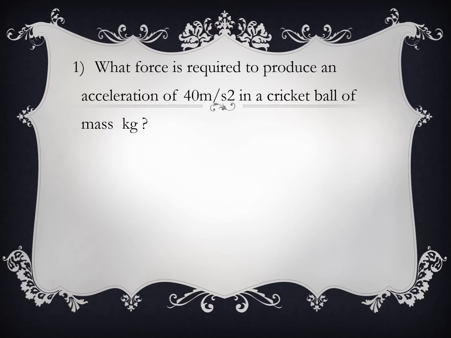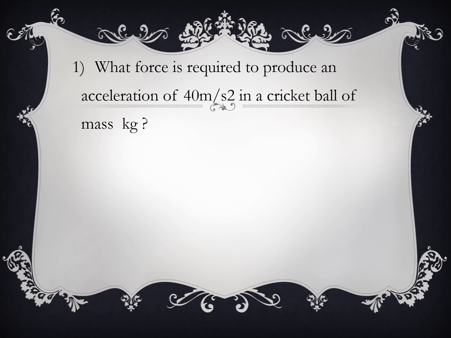Now let me teach you some simple problems. The first is: what force is required to produce an acceleration of 40 meter per second square in a cricket ball of mass 0.5 kg? Let me highlight the given data. We are given three variables to find the force.